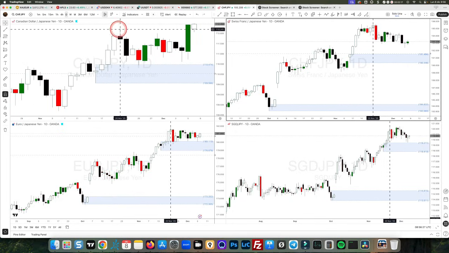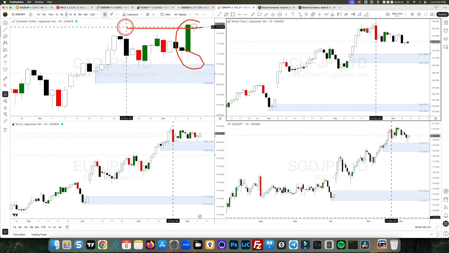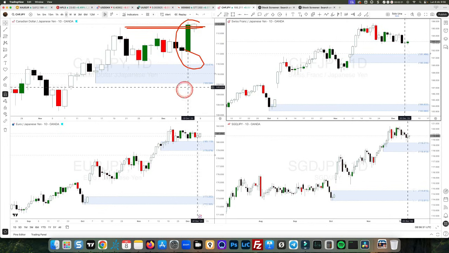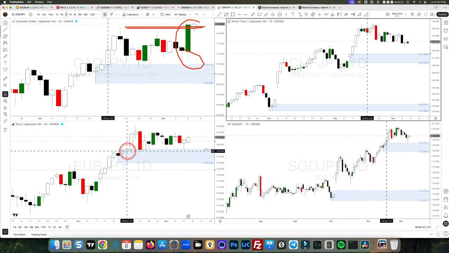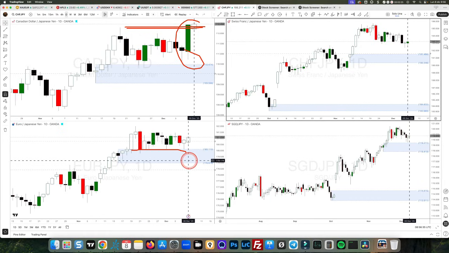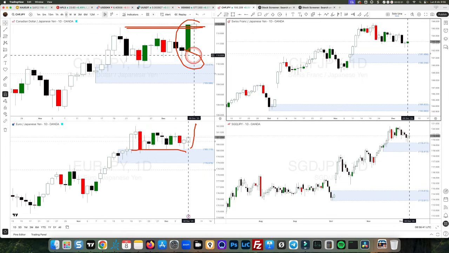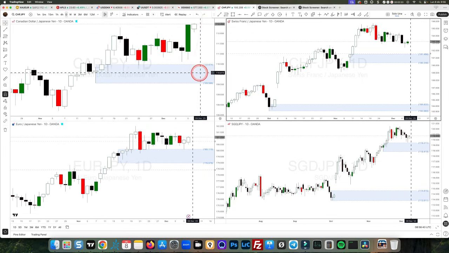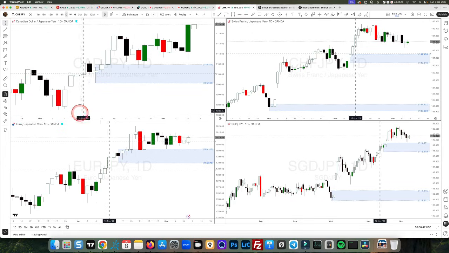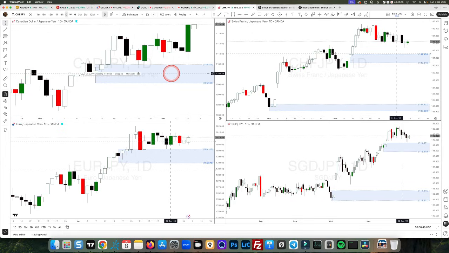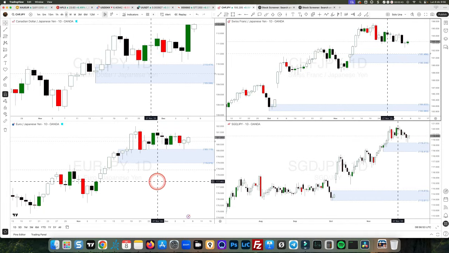As you can see now, we have a new bullish impulse, new highs being printed, and we have the euro yen again: the demand level on the euro yen forex cross pair at 180 is rallying and trying to print new highs, expecting to do the same thing that the Canadian dollar versus the Japanese yen did. When we fast forward, these demand levels have been created, are in control, and these imbalances did exactly what we expected.